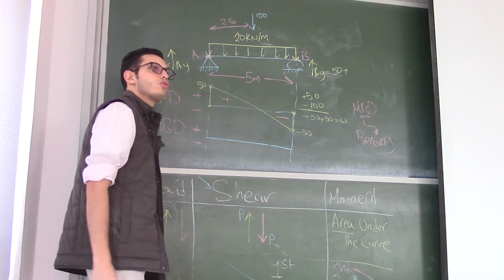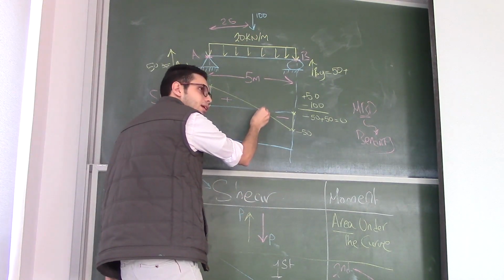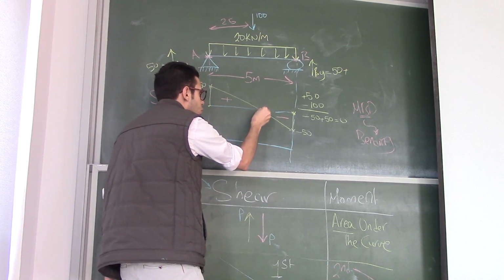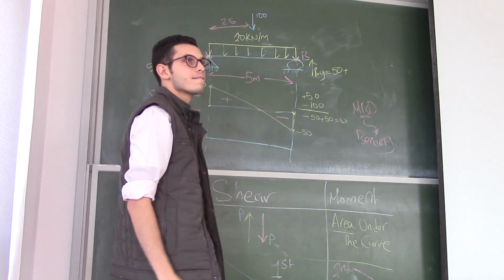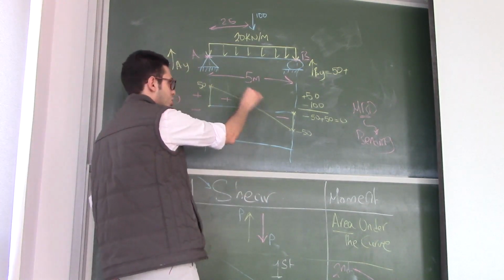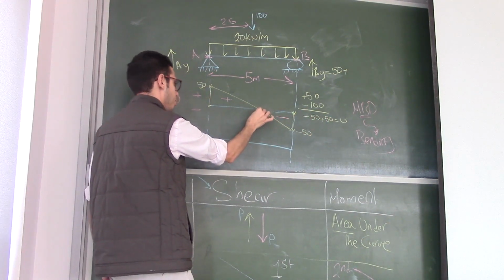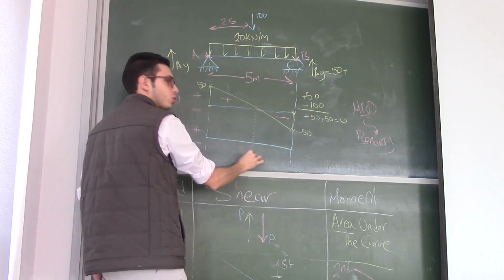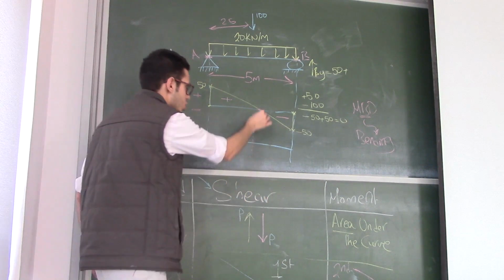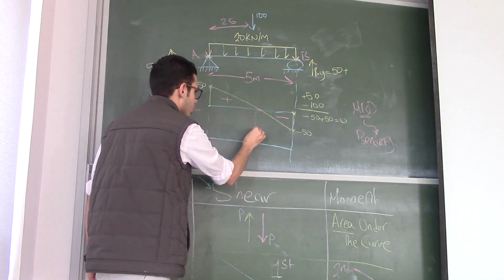So, let's now move to the moment. Okay? Here, can anyone tell me what is the magnitude of the shear? 0, right? It's a 0. So, if the shear diagram has a 0 point, we should make a new line at that point, okay? Because this point is very important.